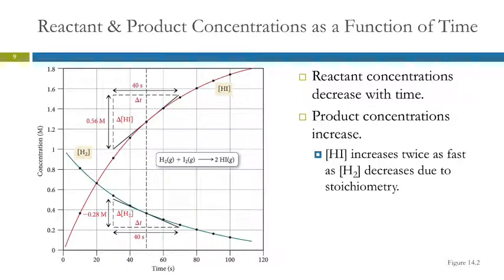Other than that, you'd have to do a little bit of math to see that it's twice as much. Yeah, looking at the coefficients, you'll tell that the rate of formation of this is twice as much as that, twice as fast. Good question. Anybody else have any questions?